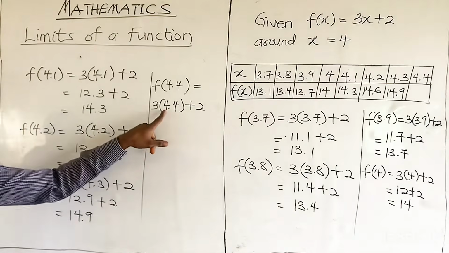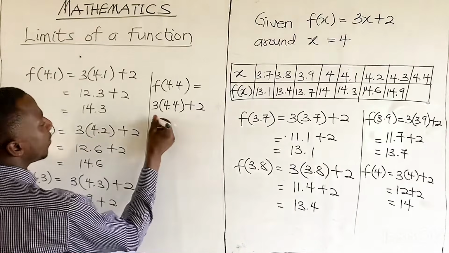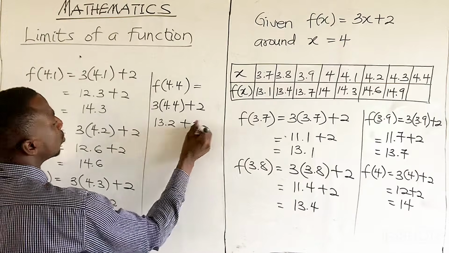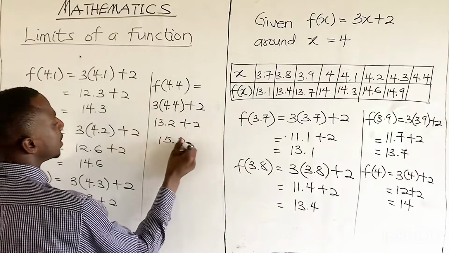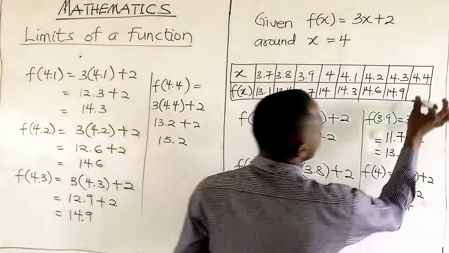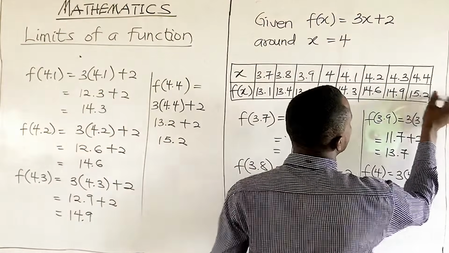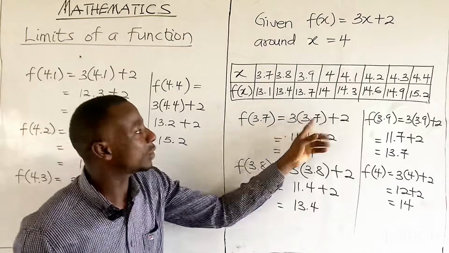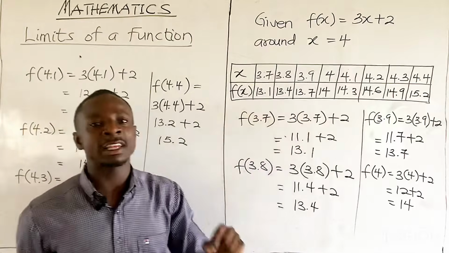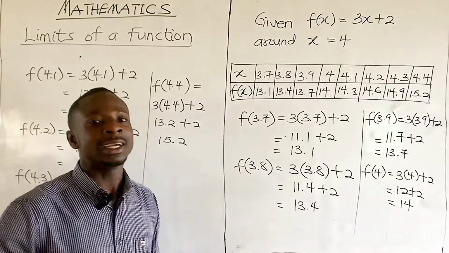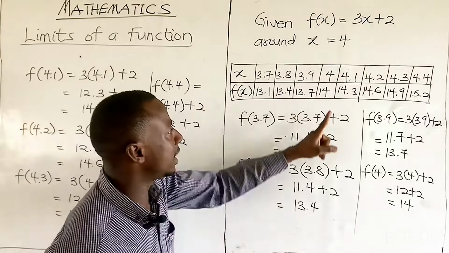So 3 times 4.4 is 13.2, plus 2, and when we add, we get 15.2. So you realize that as we substitute each value of x, f of x keeps on changing.